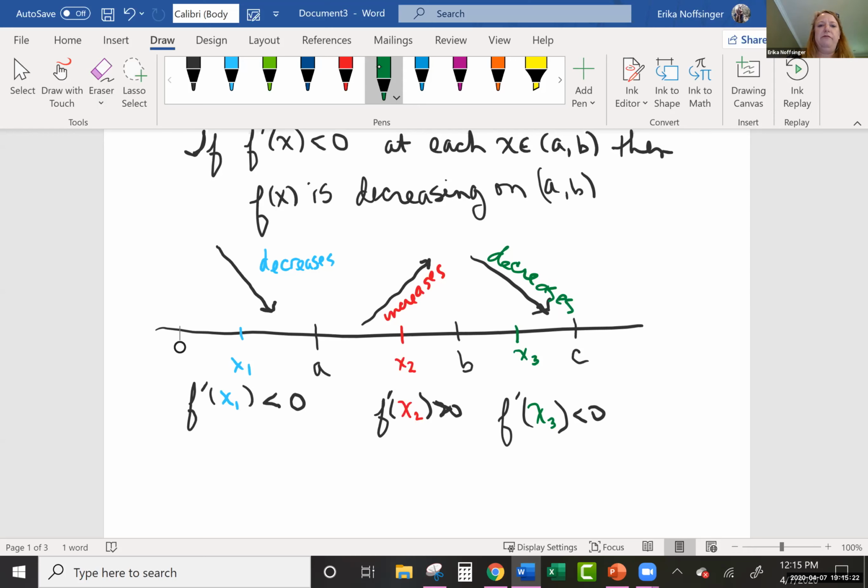And one more, if we plug in a number to the right of C, so let's call it x sub 4. And we found that plugging that number into the first derivative, let's say we found that that was greater than 0, then it would be increasing here.